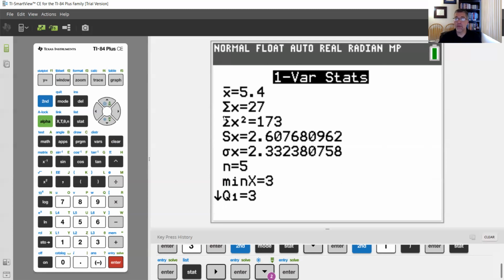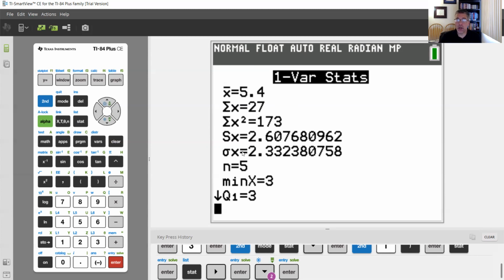The sigma, that M kind of on its side, is a Greek letter sigma, and that means sum. So sigma is equal to 27. When I take 27 and divide by 5, I get 5.4. And so 5.4 is my mean.